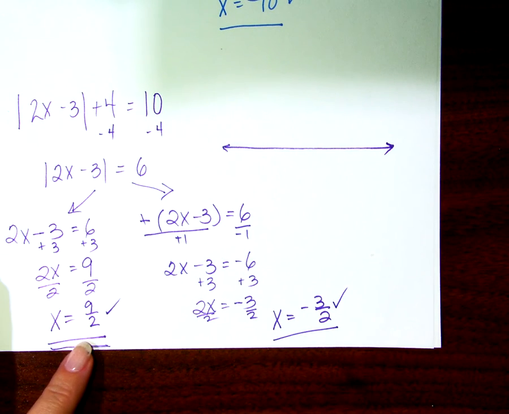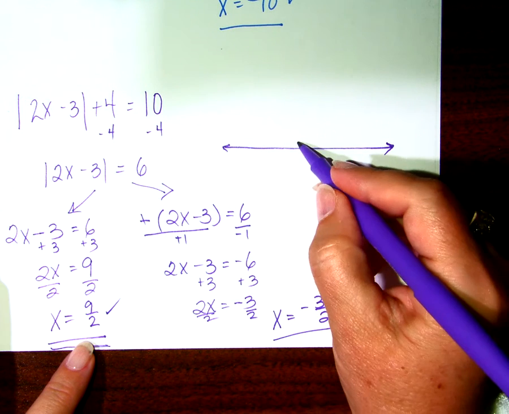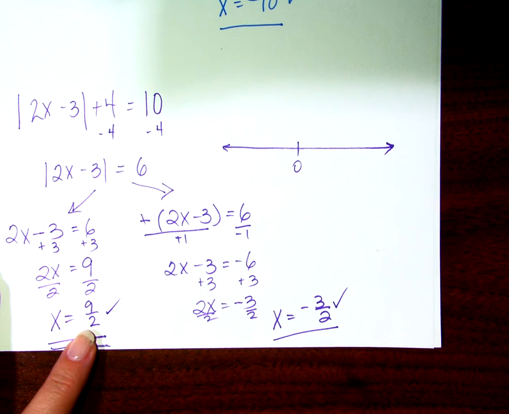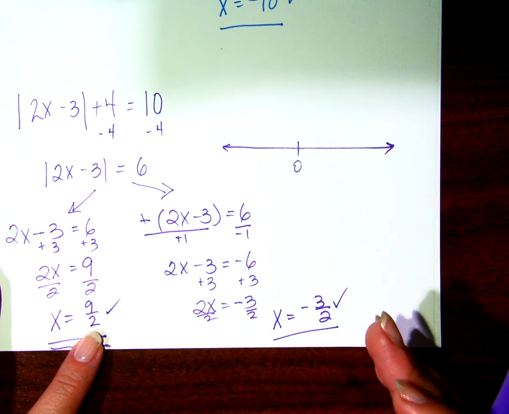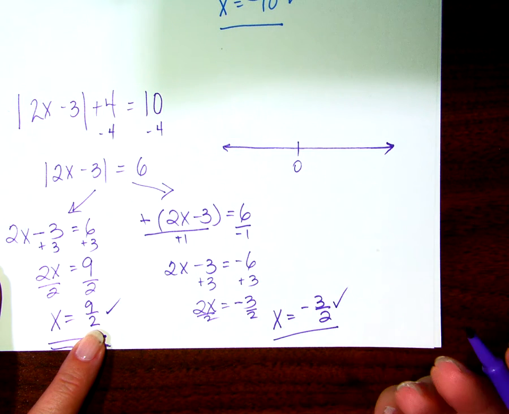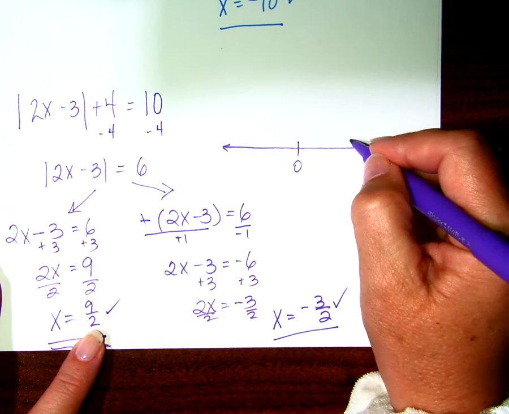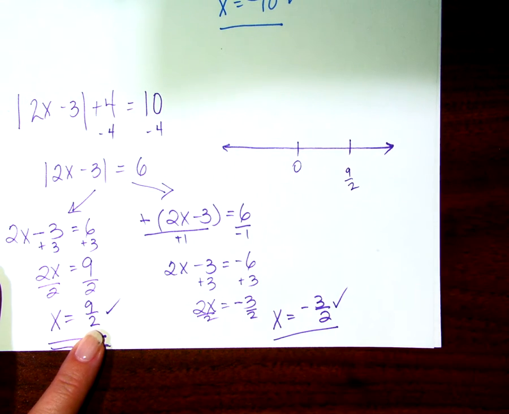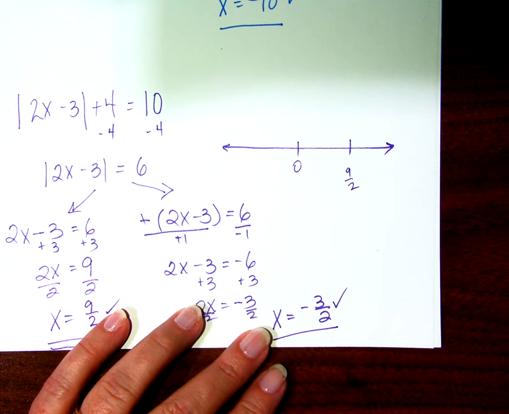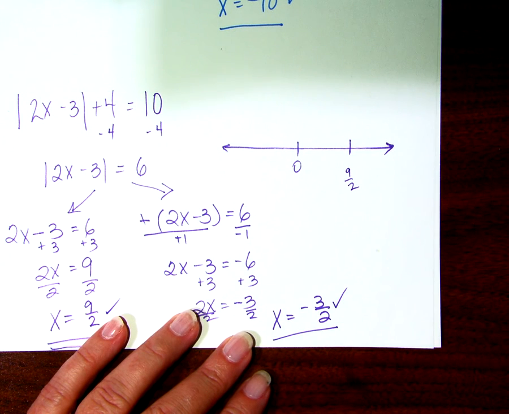Where's 0 go? Oh, the middle is fine. Where does 9/2 go? To the right, for it's positive, right? 9/2 is 4.5. So let's just say 9/2 is right there. Where does -3/2 go? To the left because it's negative.